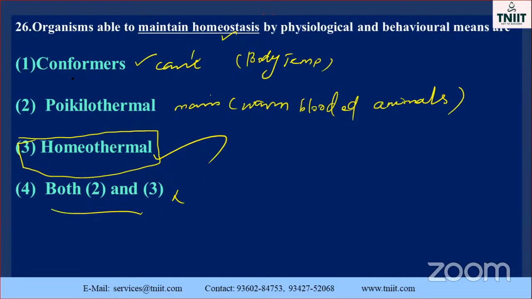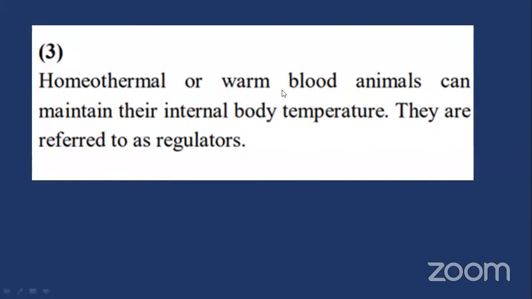You should read the question paper and note down what a conformer is. You should know the answer, and then you can easily pick it up and get the correct ideas. See the confusion here only: options 2 and 3. Cyclothermic is also maintained, but it is a warm-blooded animal. Homeothermals, or warm-blooded animals, can maintain their internal body temperature.